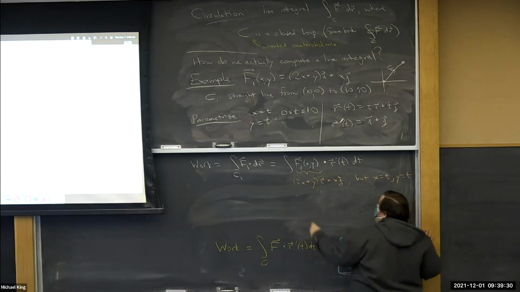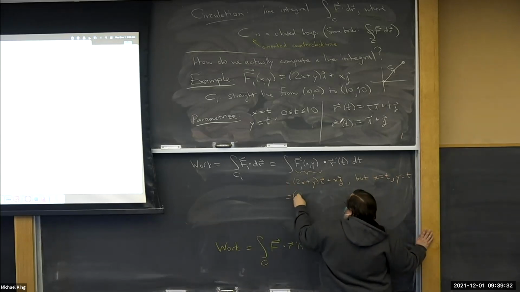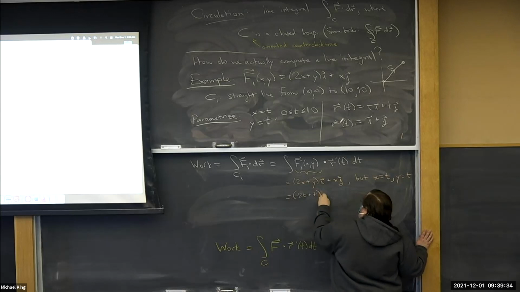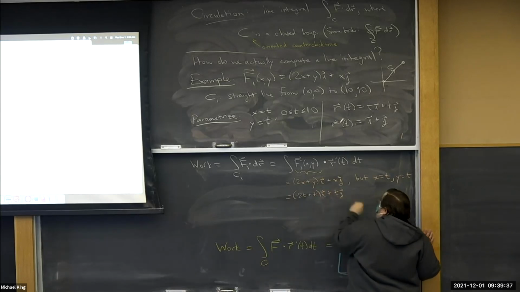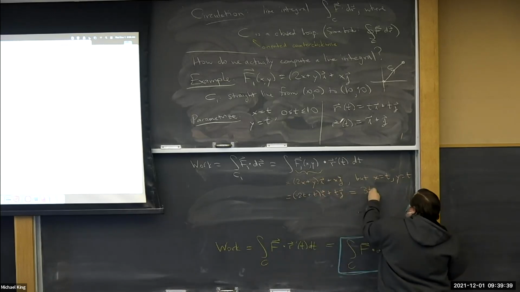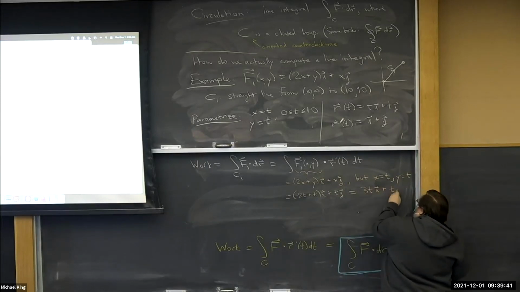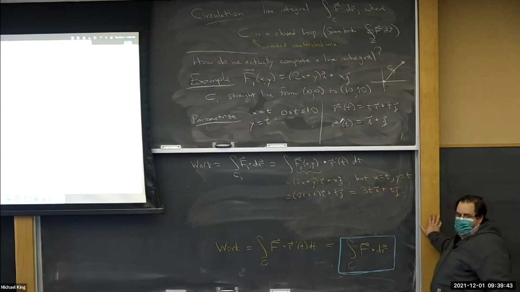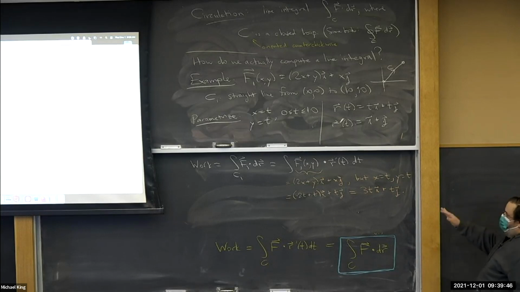So this equals 2t plus t i plus t j, so it's 3t i plus t j. This is basically the vector field along the path. At any point on the path, this would be the arrow of the vector field along that path. Does that make sense?